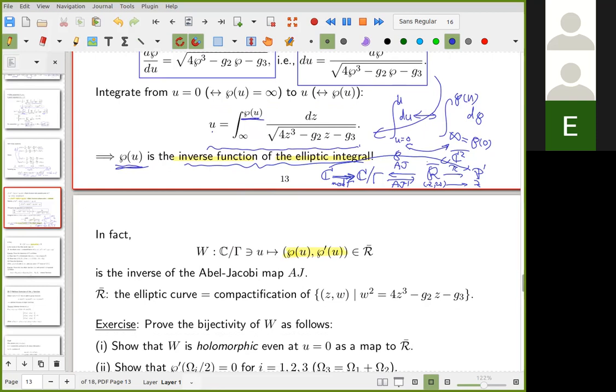And so the P function is the inverse function of the elliptic integral. And so this inverse mapping is essentially Abel-Jacobi, and that is constructed by this P function as follows.